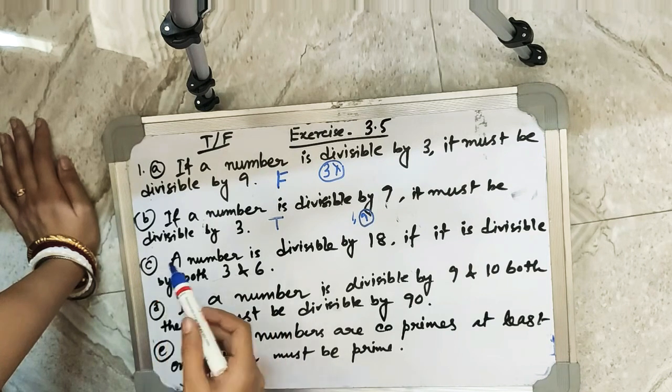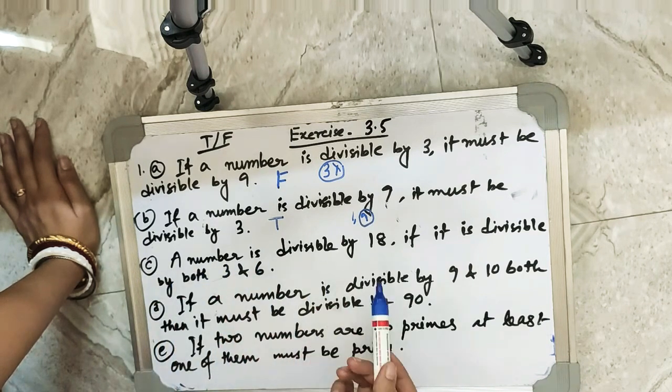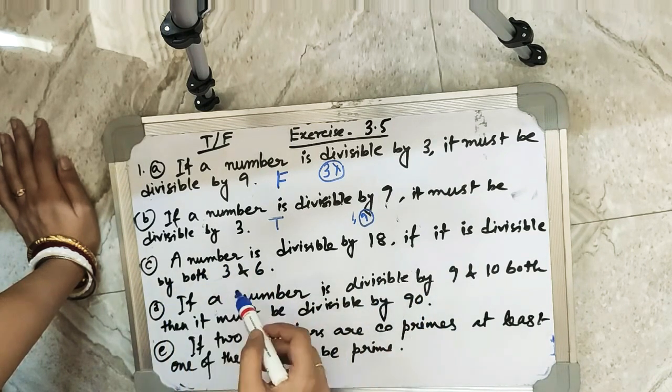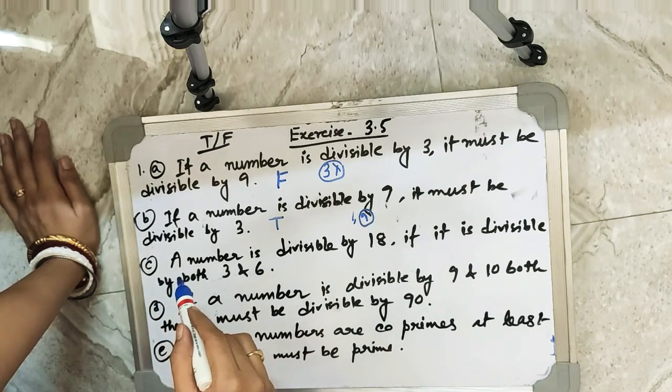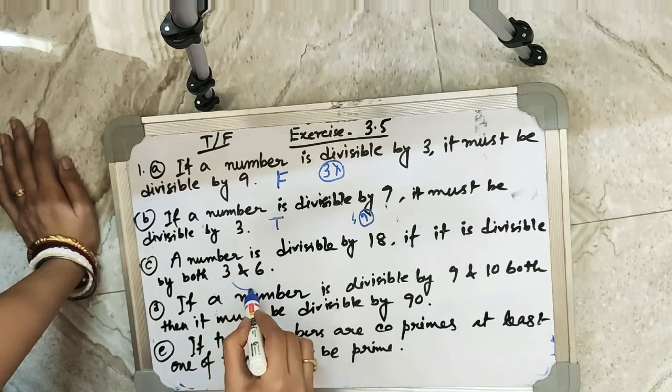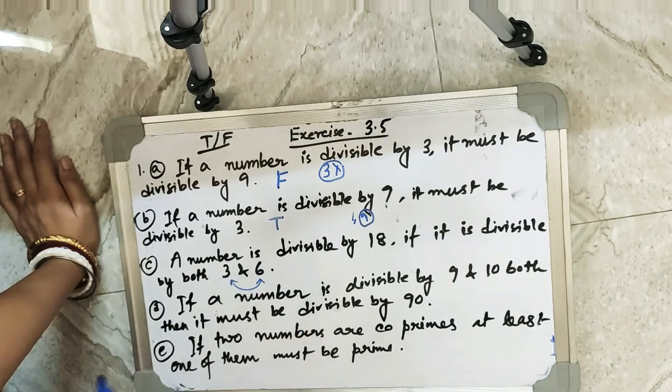Statement C, number 3, a number is divisible by 18 if it is divisible by both 3 and 6. In my last video I have shown you that if we get co-prime numbers, then the first common multiple of those two numbers will be their product.